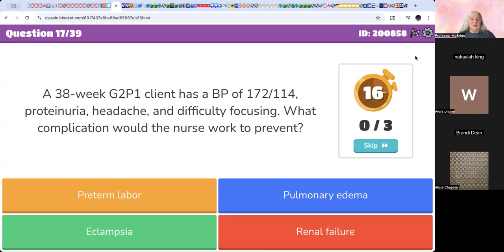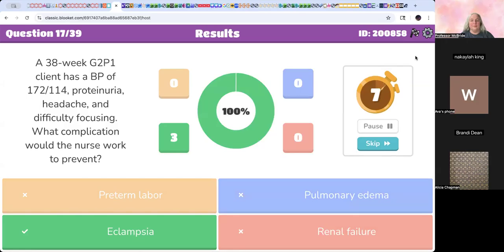G2P1, blood pressure is 172/114. Proteinuria, headache, difficulty focusing. Good. So what is it describing? Eclampsia.